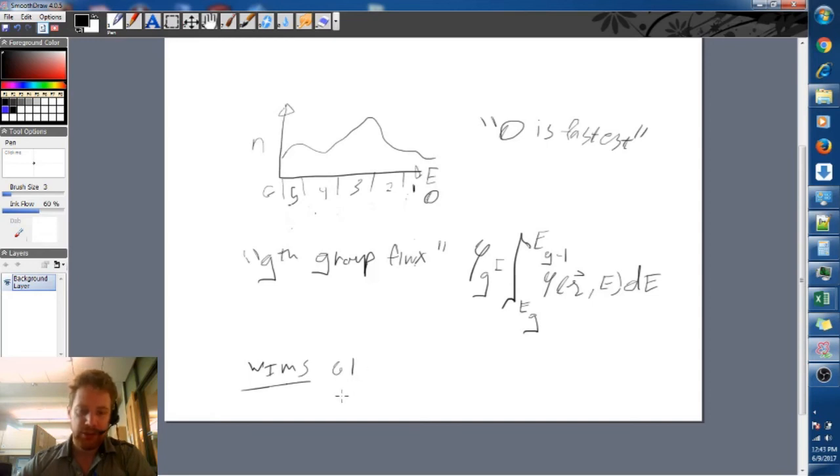But for most undergraduate and even graduate level problems, we'll just be doing the two group flux of fast and thermal neutron velocities. So that's neutron flux and some information about the energies. Next time we'll be looking at the neutron current.